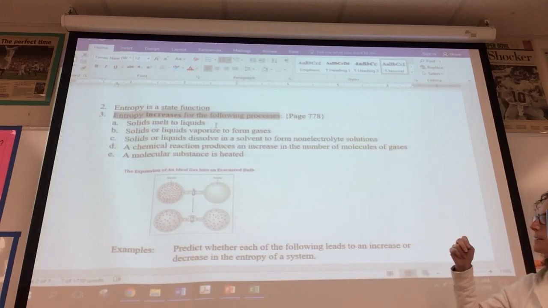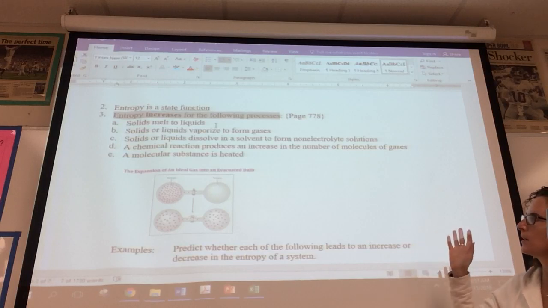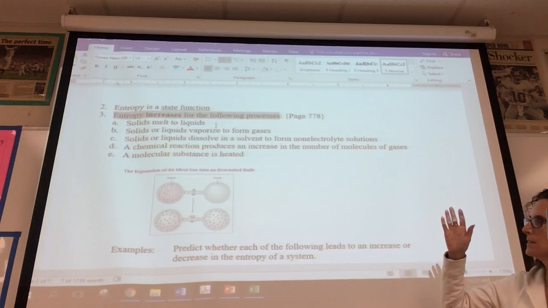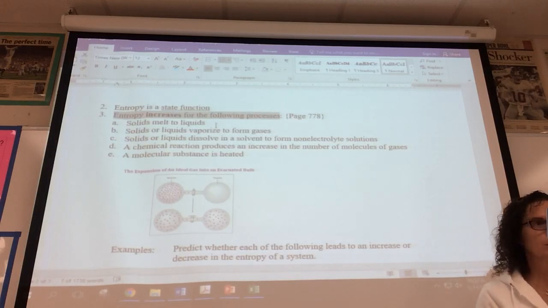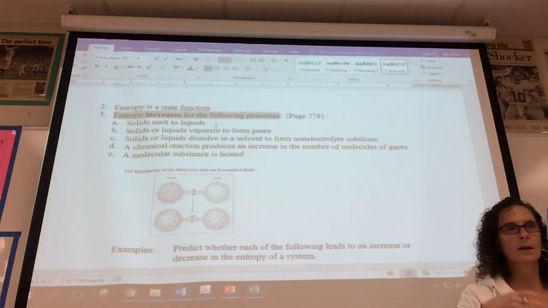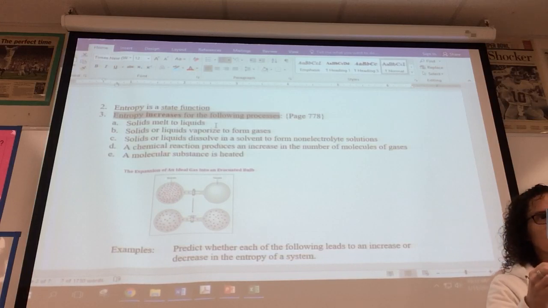When you vaporize a substance, the entropy increases. If you dissolve solid salt in water, entropy increases. In this particular instance, if you had something like salt, the ions will break apart and they will become hydrated.